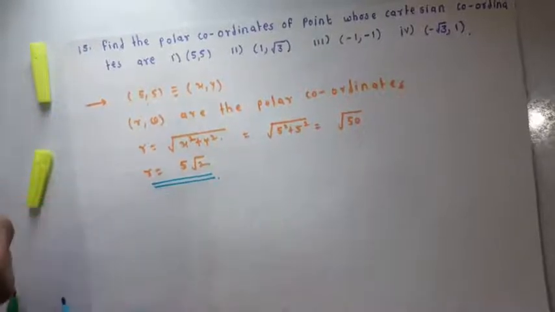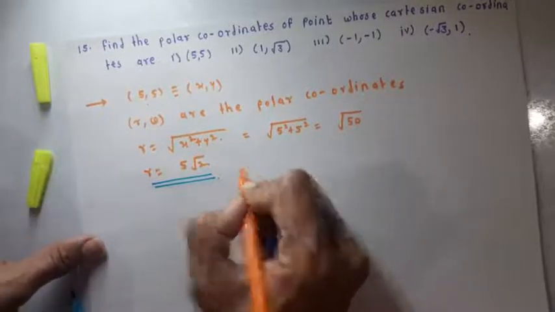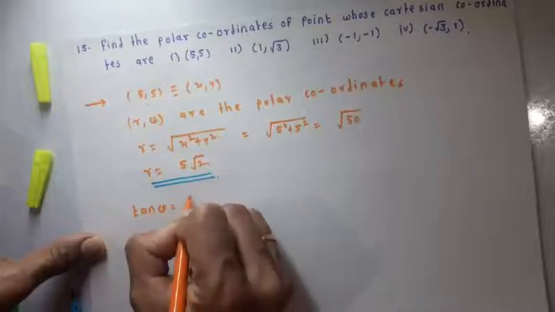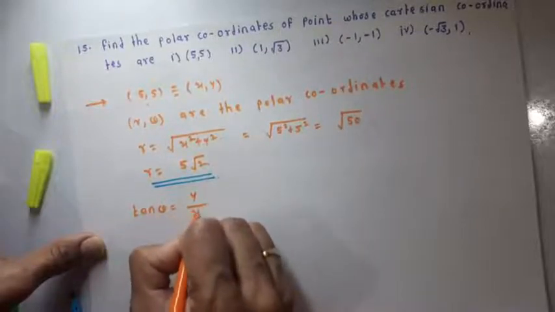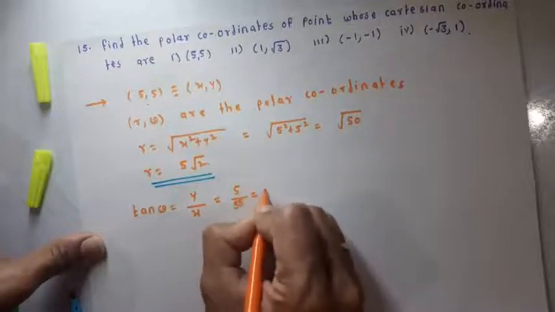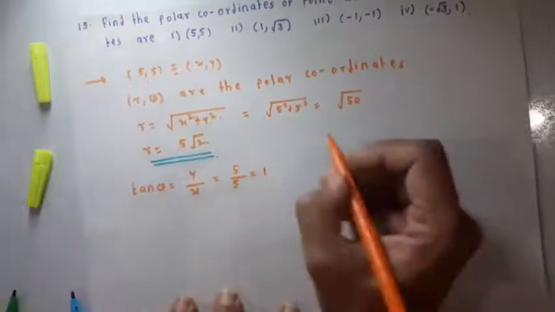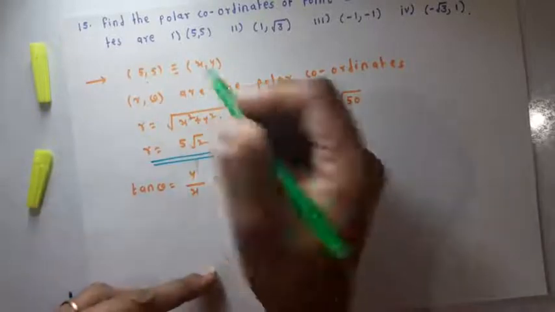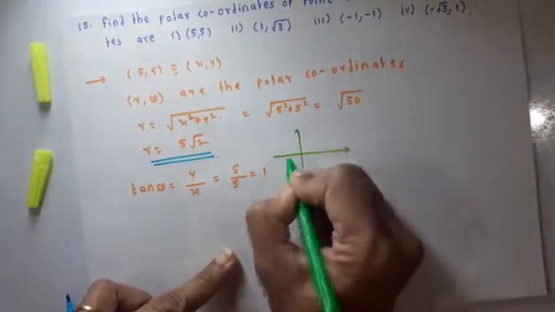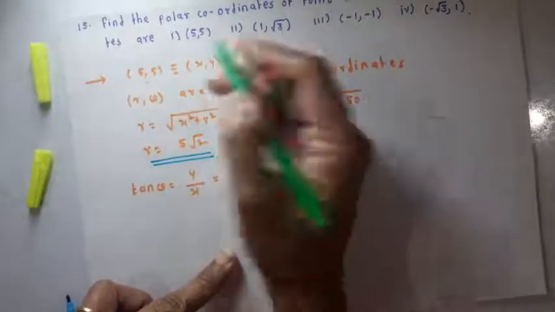Okay. Now tan theta. Tan theta equal to y upon x. So 5 upon 5, and that is equal to 1. So students, the coordinates are 5 and 5, plus 5 means in which quadrant?